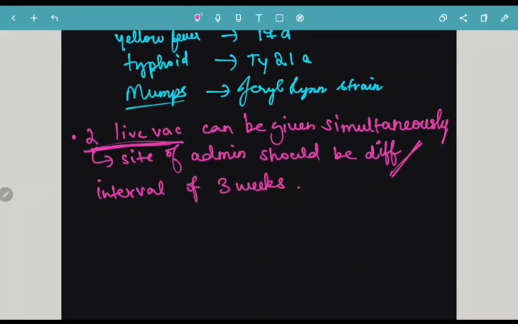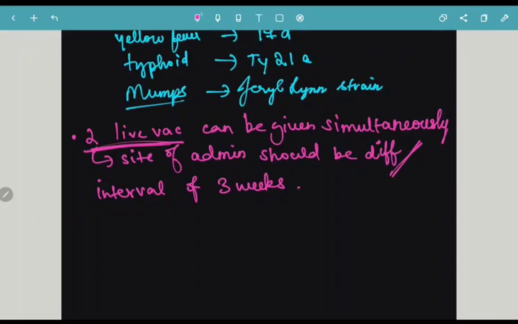But in case you are giving in the same site, okay, the interval must be of at least 3 weeks.